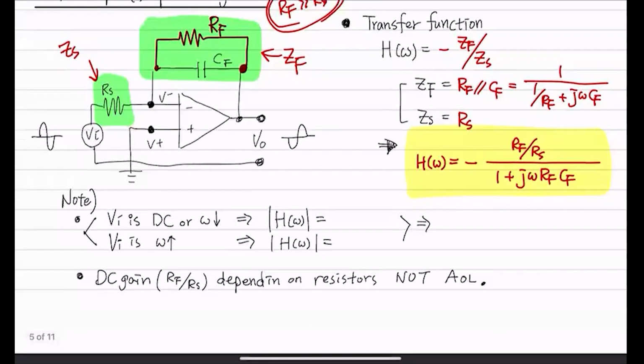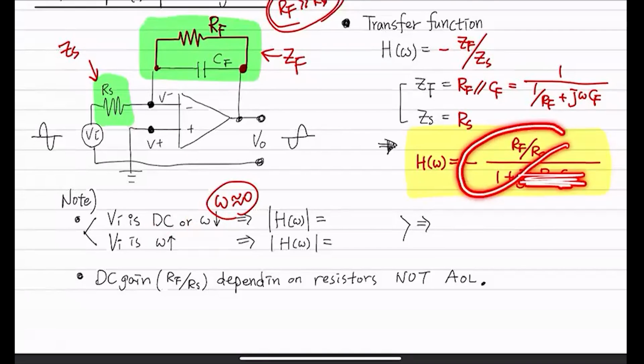So if your input frequency is a DC or very small, that means omega is almost like 0, right? So if you plug 0 in here, that's going to be 0. This guy goes away. So now what's left? We have RF divided by RS.